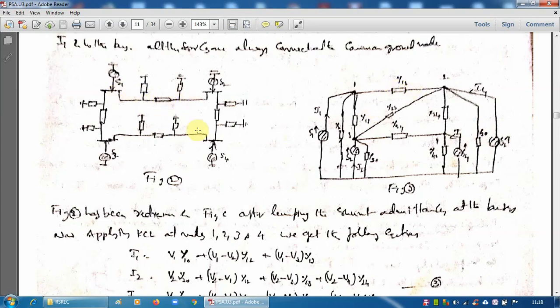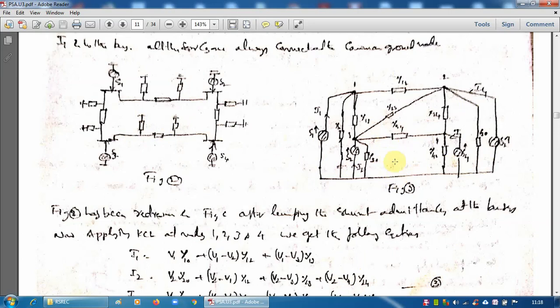This is named Y10 because it is between node 1 and 0, meaning ground. This is Y10 and this is Y20. So like that, all series admittances and shunt admittances are represented. This is the model, the same network modeled as per the form of the load flow solution.